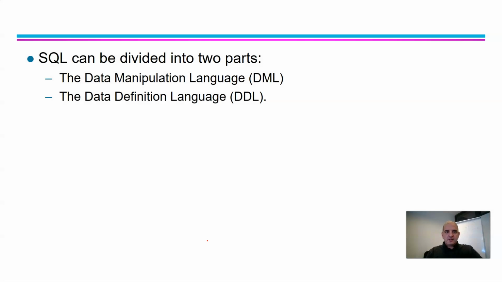SQL has 2 parts: data manipulation language and data definition language. When you create a table on Microsoft Access or SQL Server or PostgreSQL, etc., you may use a graphical user interface, which means you can use your mouse or your touchpad and your keyboard to create the table.